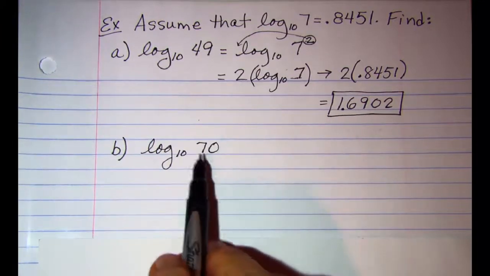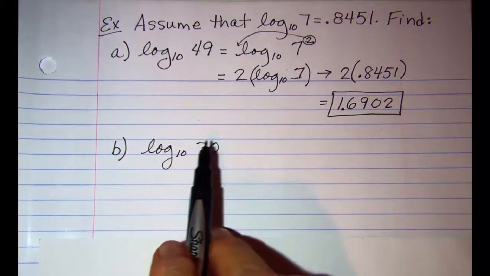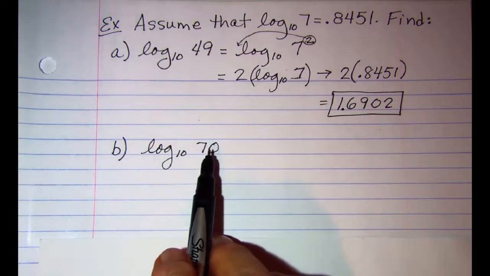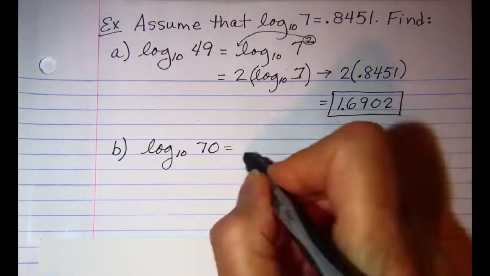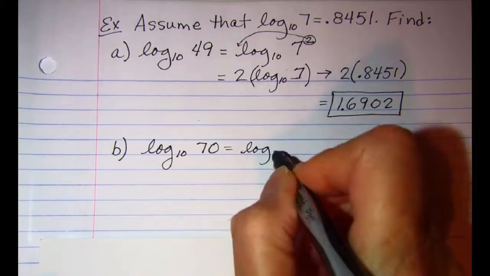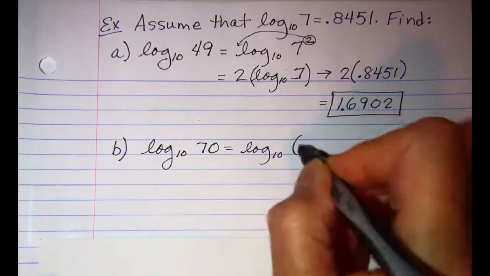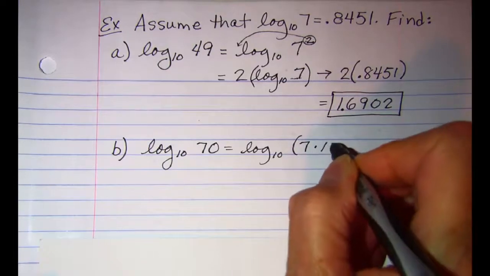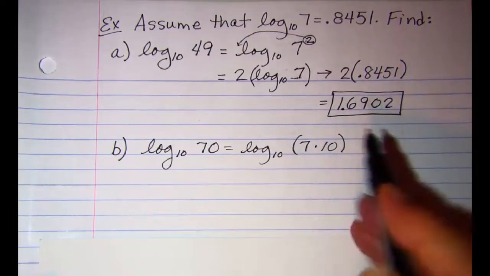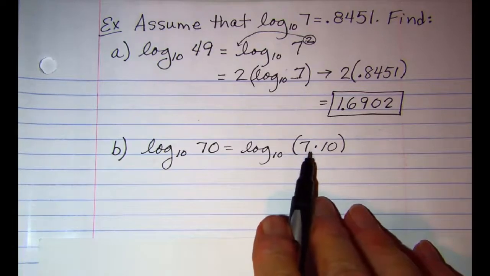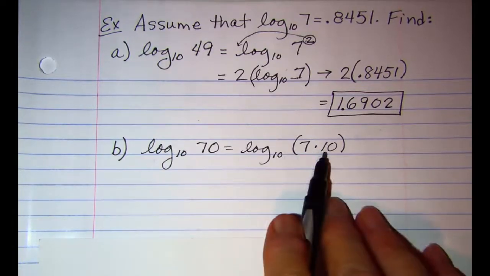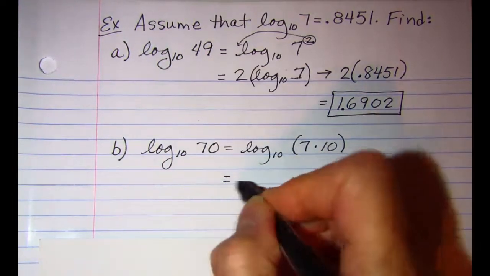Again, I need that log of 7, so I'm going to rewrite this argument as 7 times 10. So I have the log base 10 of 7 times 10. Now I know property 1 allows me to write this as the log of 7 plus the log of 10. So let me do that.